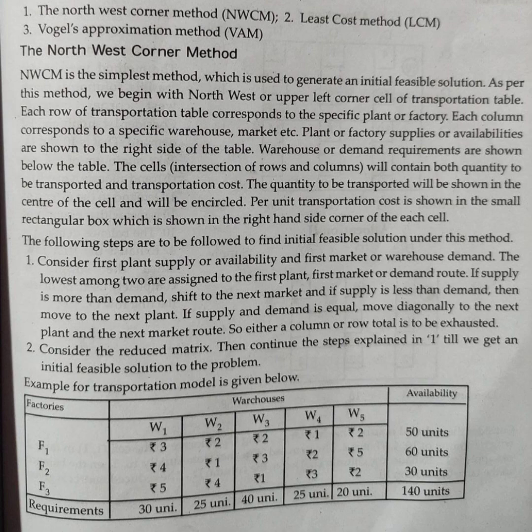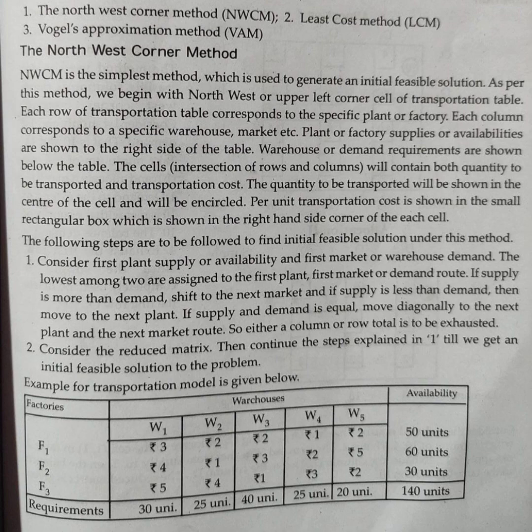The following steps are to be followed to find the initial feasible solution under this method. The first one is to consider the first plant supply or availability and the first market or warehouse demand. The lowest of the two is assigned to the first plant, first market route.